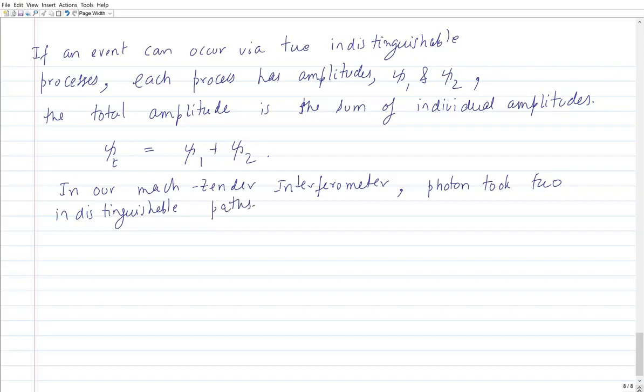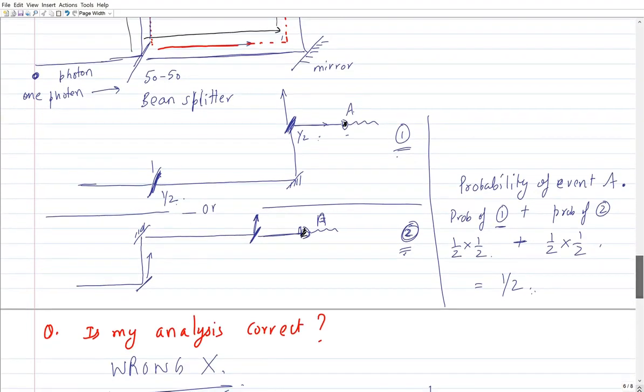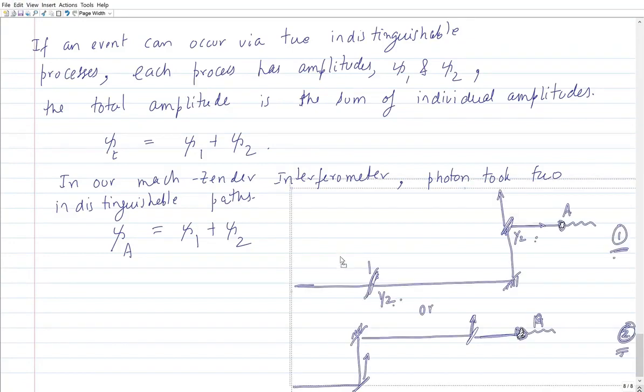And hence we added the probability amplitude, which is a complex number, of detection at A, to be the sum of both of them. So again, if I can draw them over here, yeah.